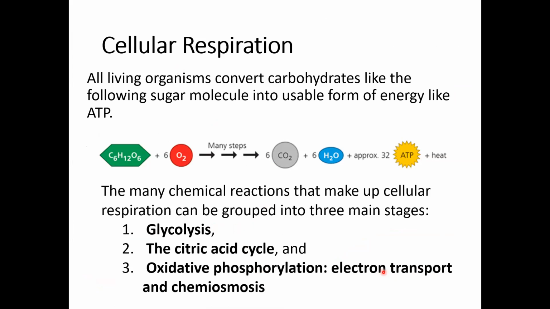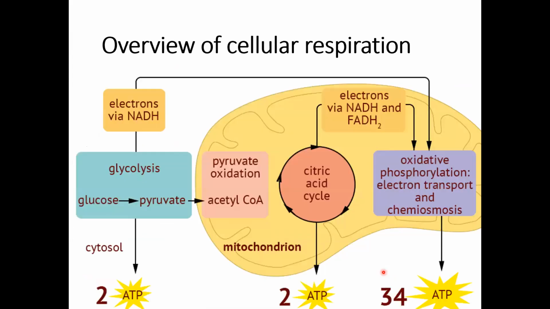You want to know which stages take place in the mitochondria. The citric acid cycle and the electron transport chain occur in the mitochondria. Glycolysis will occur in the cytosol. Remember that pyruvate cannot enter the citric acid cycle as it is and needs to undergo oxidation and be converted to acetyl-CoA, where it can enter as a 2-carbon molecule.